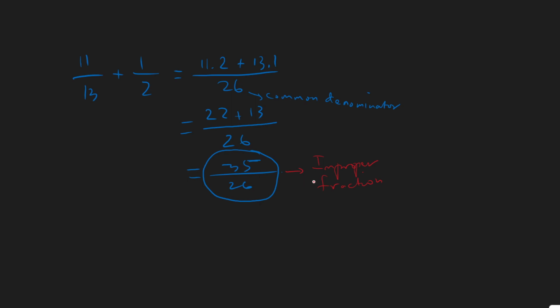And since we have an improper fraction, this takes us to another concept that I'm about to teach you right now. We're going to go over how you can transform an improper fraction to a mixed number. So what is an improper fraction?